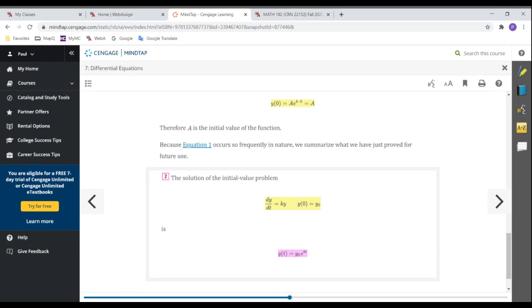Now, how many recall that formula that I have highlighted in pink? How many recall a similar looking formula in pre-calculus when you studied exponential decay, exponential growth? That's a very common topic in pre-calculus. How many recall using that formula in pre-calculus?